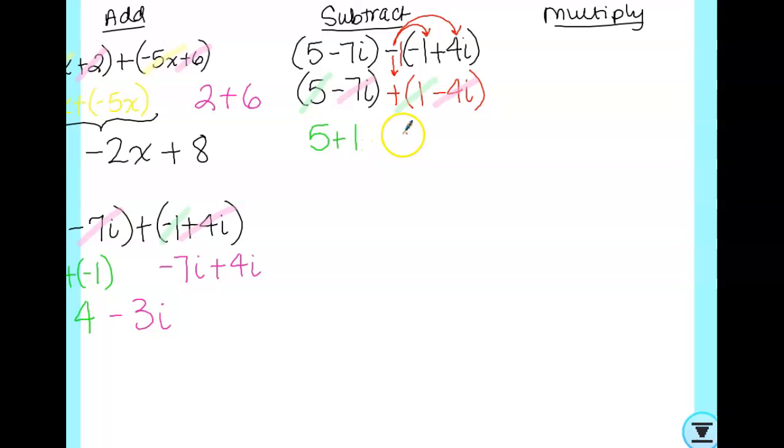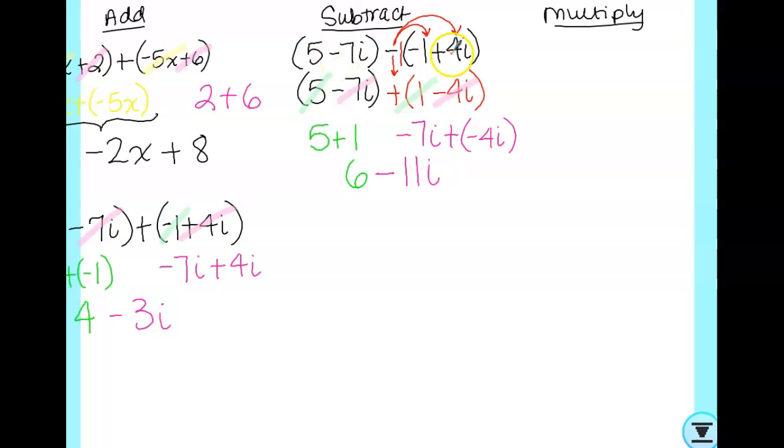So negative 7i plus negative 4i. When we add these two together, we get 5 plus 1 is 6, and we have negative 7i plus negative 4i, which is negative 11i.